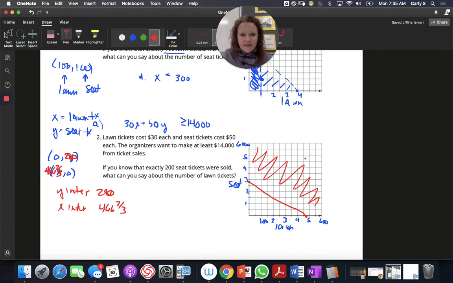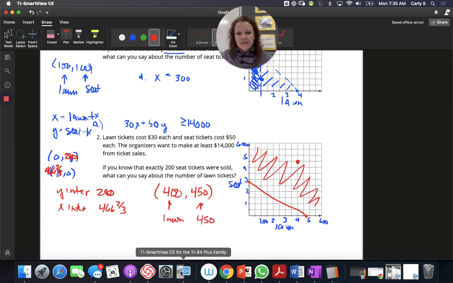Okay, let's pick an answer right there. Let's say there were 400 lawn seats and 450 seats. So that ordered pair means 400 lawn seats and 450 seats.